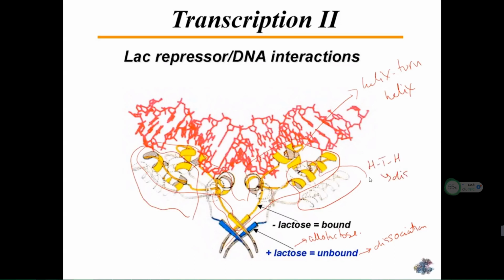So significant structural changes in the repressor protein, and this is how we get the dissociation from the operator region in the presence of lactose. So the significant conformational changes upon allolactose binding result in repressor dissociation and hence transcription of the lac operon.